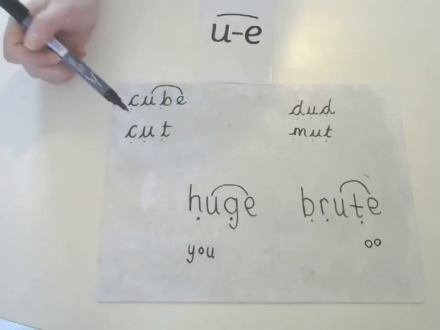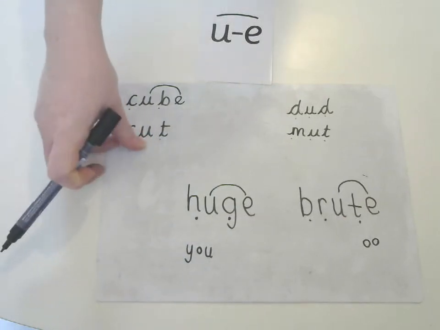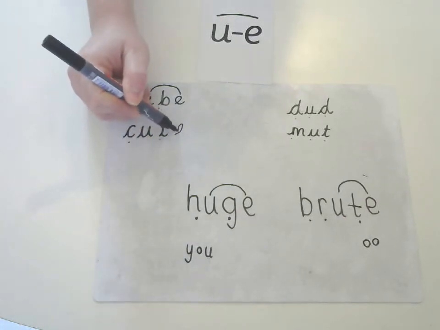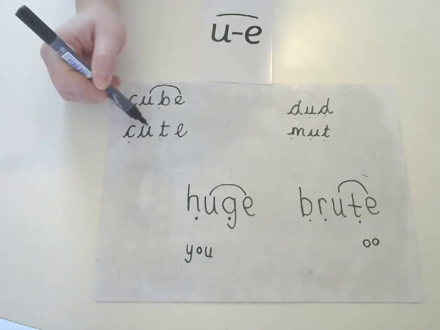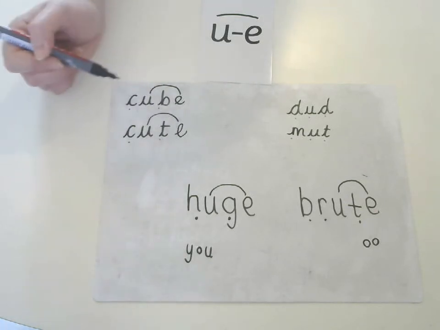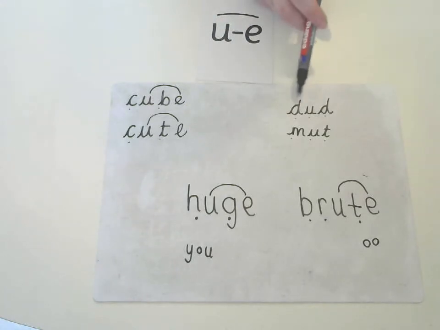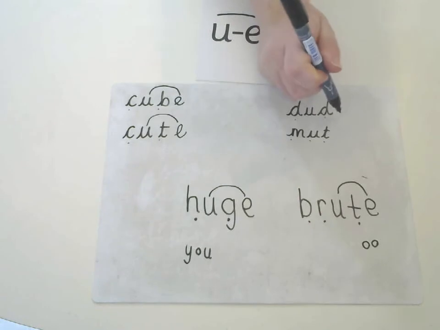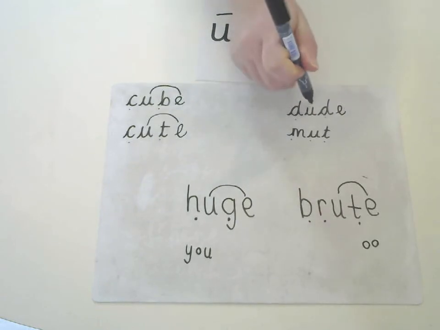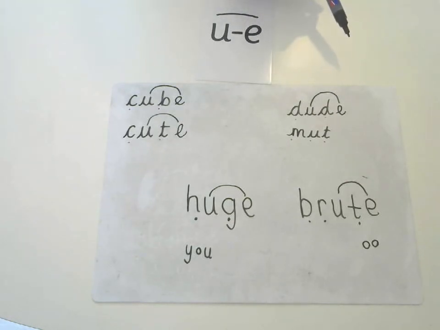Let's have a look at this one. Ut, cut. Again, if we change this into our split digraph, we go k, u, t, cute. Over here, d, u, d, dud. But if we change this, we get d, ood, dude.